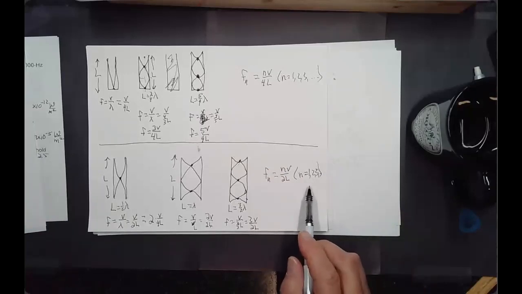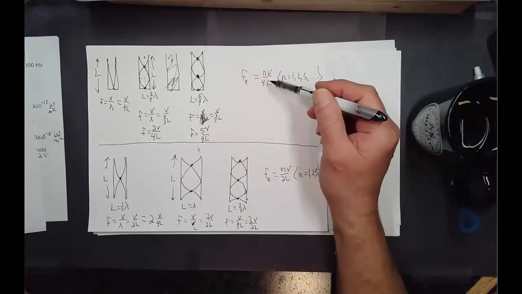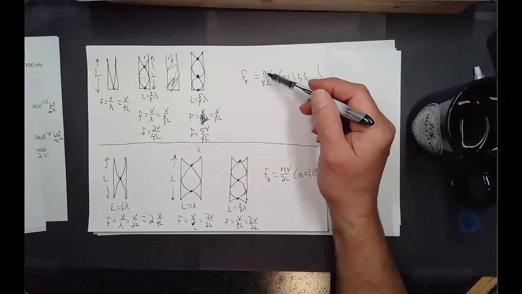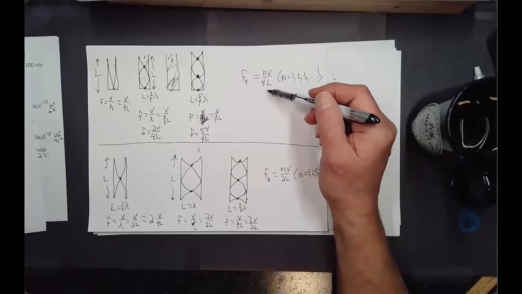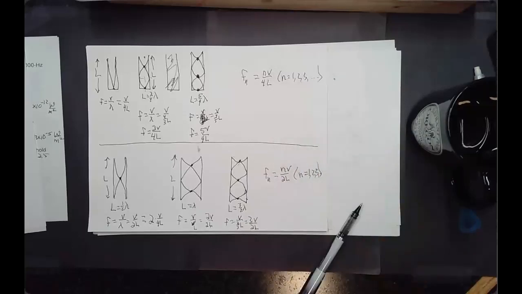Anyway, here I'll get all the multiples that show up here because I've got that 4 on the bottom. Open pipe, stopped at one end. Yeah, that should be right.